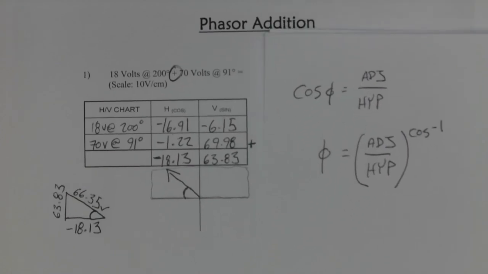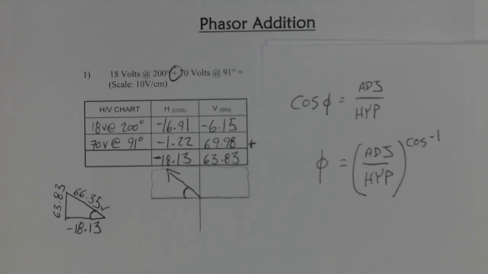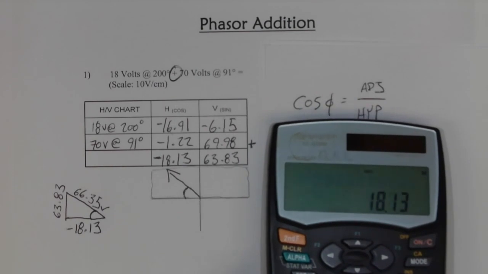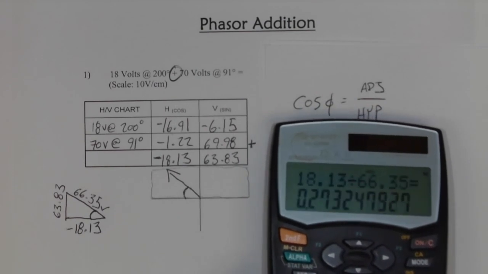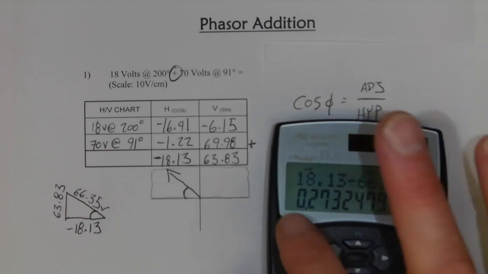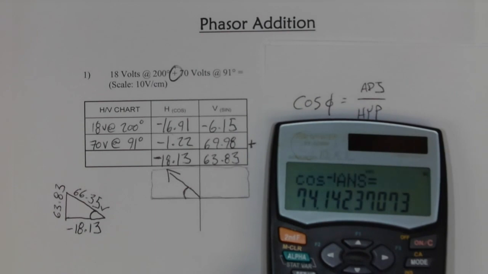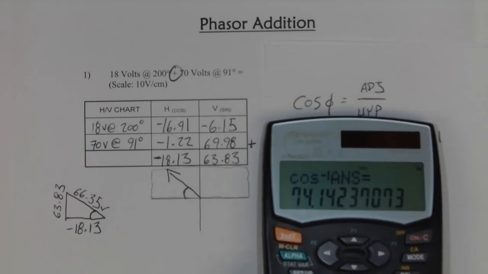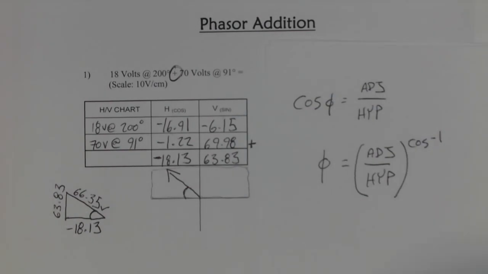So let's work it out. Our adjacent is 18.13 divided by our hypotenuse, 66.35, equals inverse cos now. It tells me it's 74.14 degrees. All right, so let's take that number.